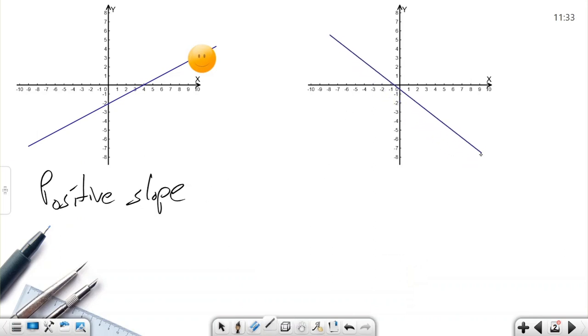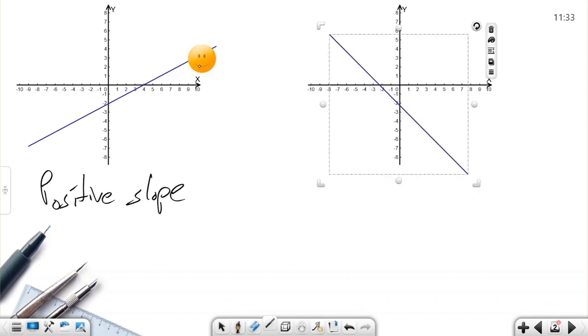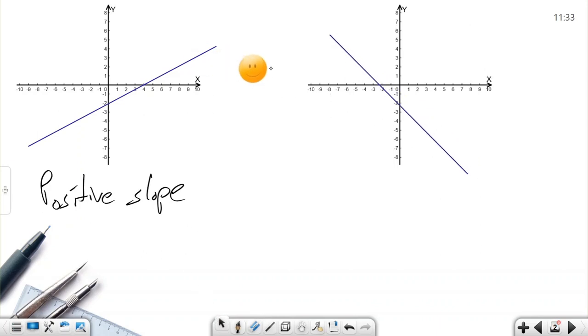Now the downward line. Again, you want to increase your x value. For example, when x is 8, y is 6, and when you increase your x, your y decreases, you are going down, to minus 8 or minus 10.